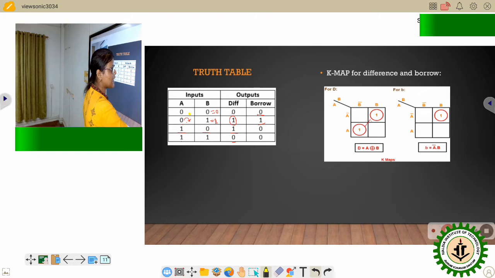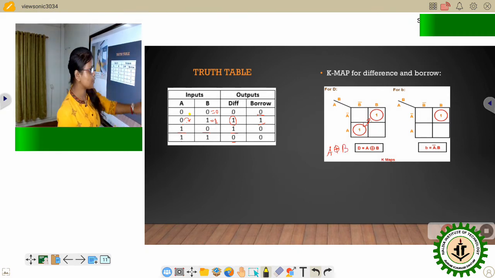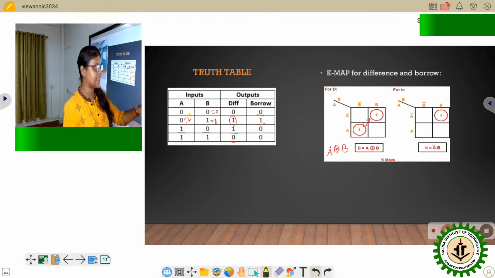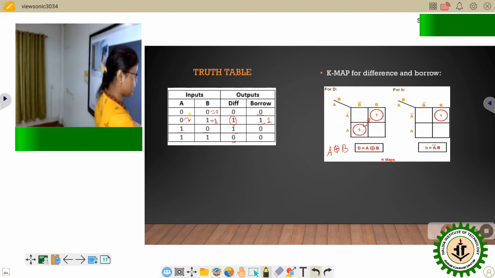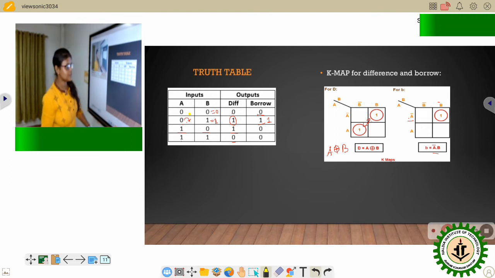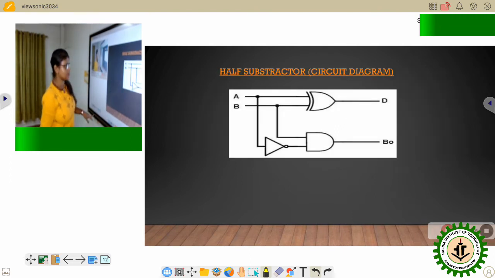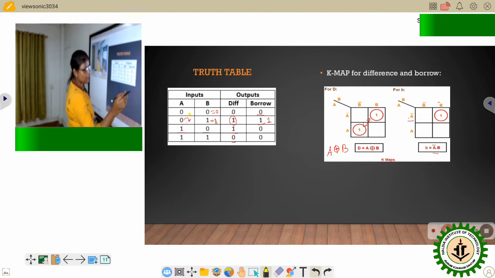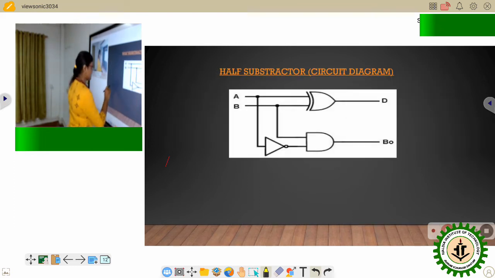So we get the answer A XOR B. The difference for the half subtractor is A XOR B. Now for the borrow part, we have a 1 in only one place, so we can't unite, and we get the answer A dash B. So for the circuit diagram, we got A XOR B and A dash B.